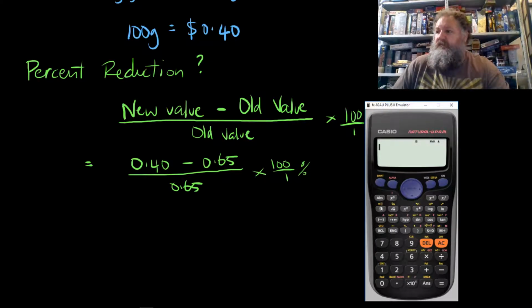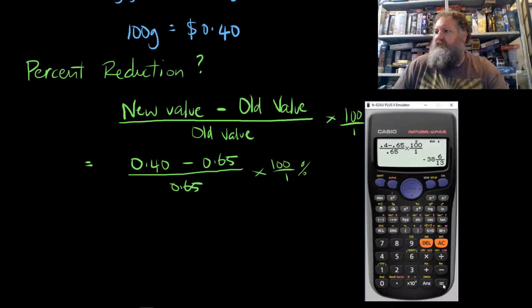So we need a fraction. We'll have 0.4 minus 0.65 over 0.65. Better go back and fix that. Divide it all by 0.65. And then we want to multiply it by 100 over 1.